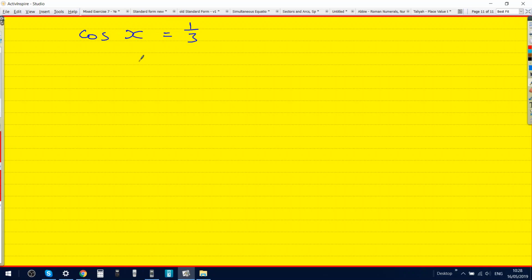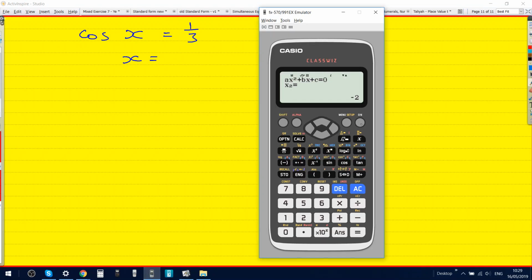Inverse cos of a third is equal to x. And what is it? 1.23, is it?